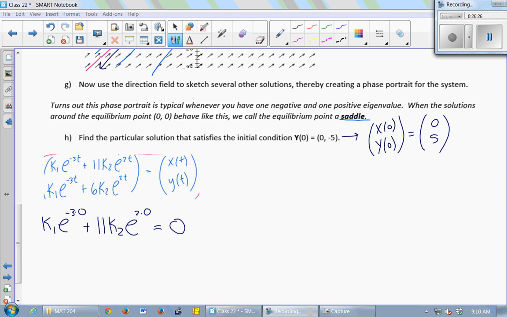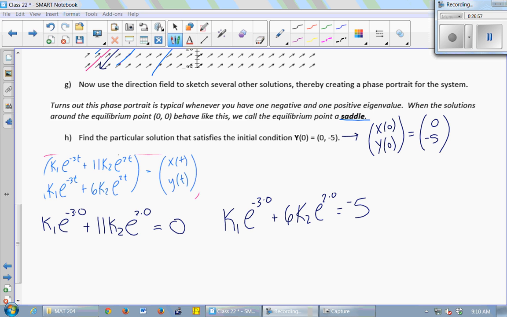That has to be 0. And then my other equation says that k1 e to the -3 times 0 plus 6 k2 e to the 2 times 0 has to equal -5.